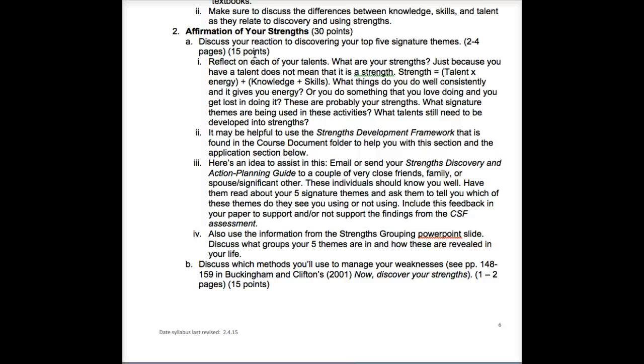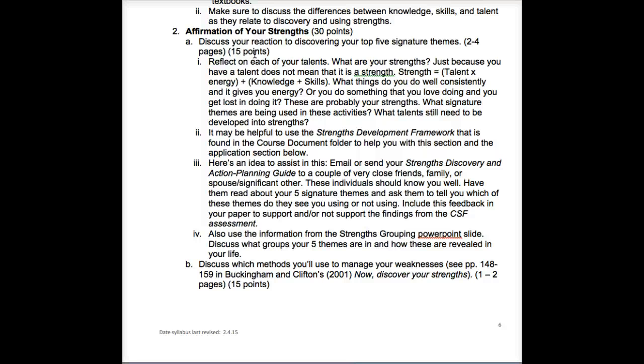I love doing that. I think I'm good at it. It gives me energy just thinking through it and making those changes. But I use my strength, my signature themes to do that. That's the talent. It gives me energy. Plus, I have the knowledge and the skills to do those type of things.